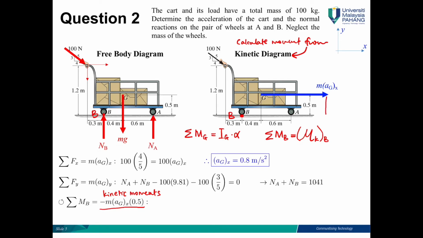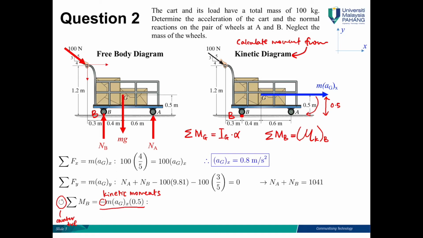You have to know this height here, the vertical distance, which in this case is 0.5, and then you just multiply. This is going to point B in the clockwise direction, whereas here we define counterclockwise as positive, so that's why I have a minus sign here: minus m a_gx times 0.5. So that is the kinetic moment.